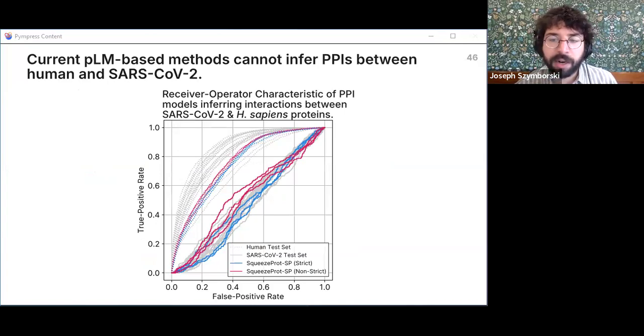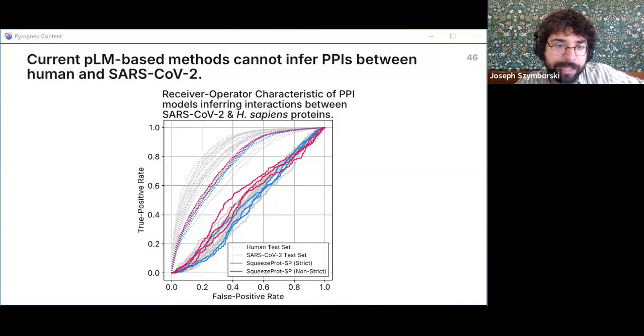The gray lines are other pLMs. And as you can see, the trend for SARS-CoV-2 is very much random. The other pLM-based methods are not able to do a good job at inferring these things. And this paints a picture, and we'll see this with the next experiment as well, that these PPI inference models are taking a very high-level approach to inferring these interactions.